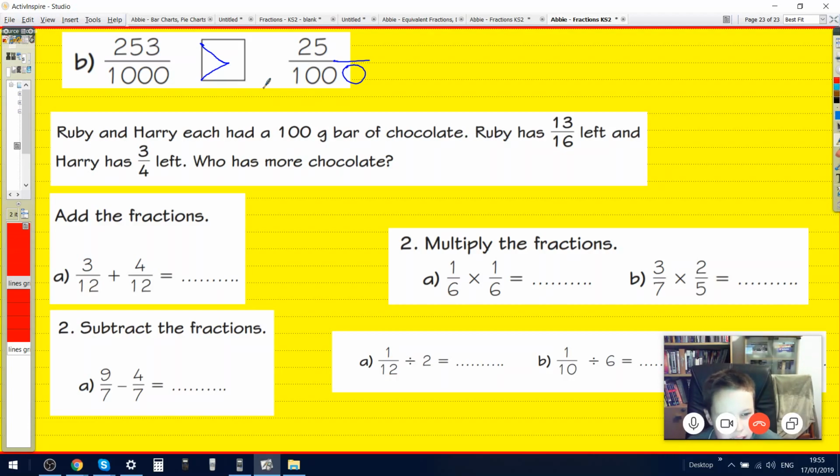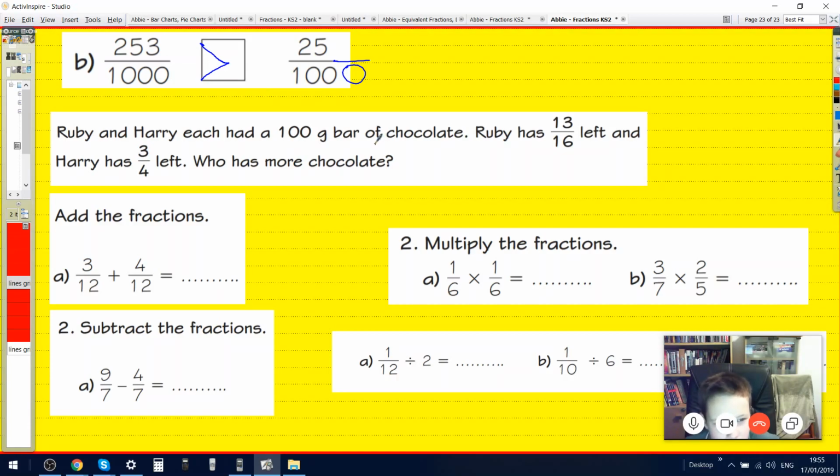So they each had a bar of chocolate that weighs 100 grams. Ruby has 13/16 left, and Harry has 3/4. So you would need to make the denominators the same.